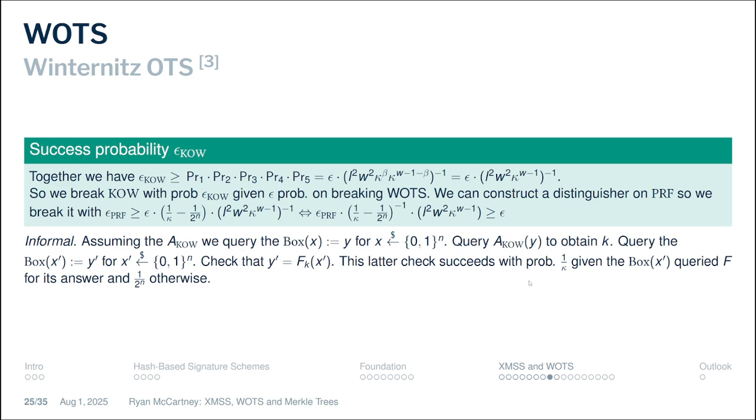This probability is 1 divided by kappa. That for any random value we get, there exists a key at all, and this is the probability for the success.